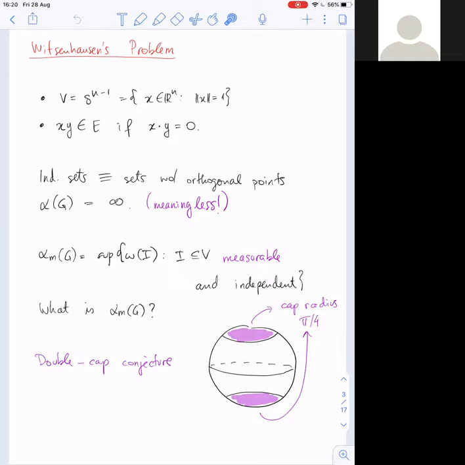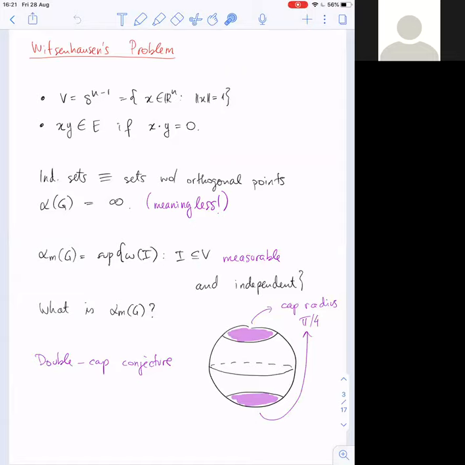So then we redefine the independence number to something more meaningful. In this case, what we call the measurable independence number, which is the supremum of the measures of independent sets which are measurable. So now you look only at measurable independent sets, and then you want to find what's the maximum measure that such a set can have. And the measure, of course, is the surface measure on the sphere.